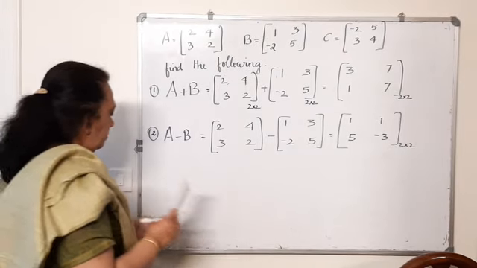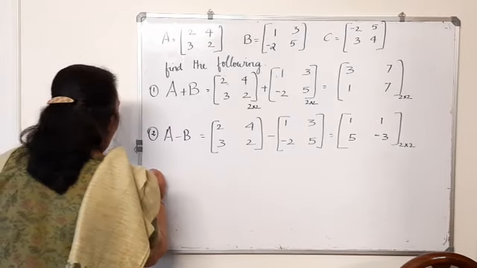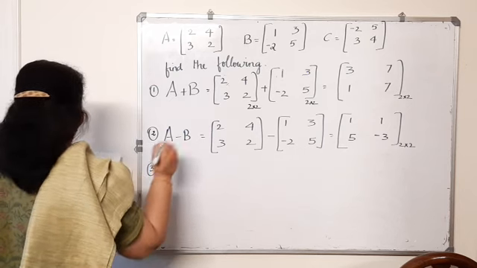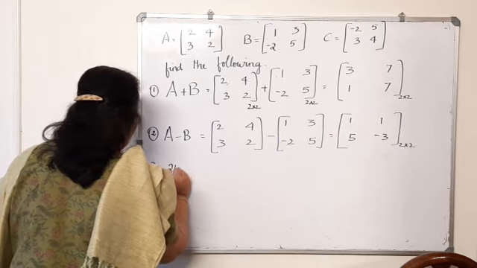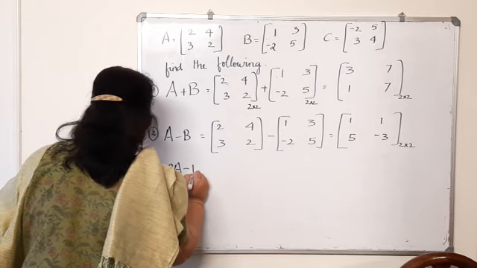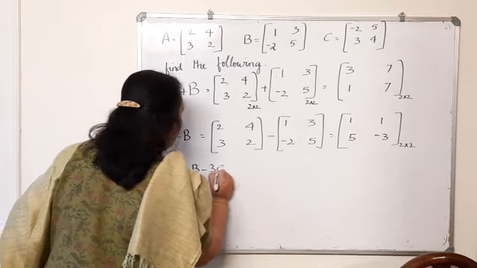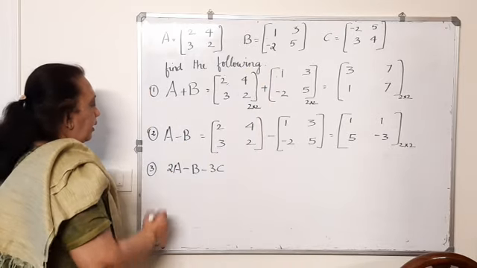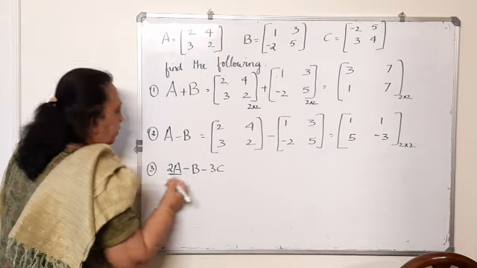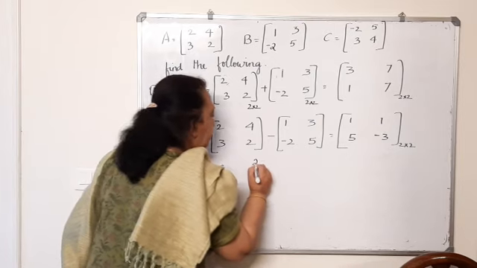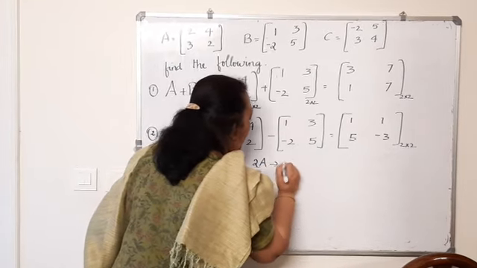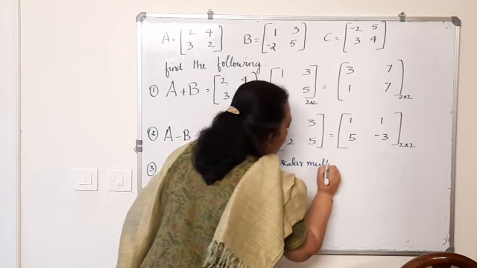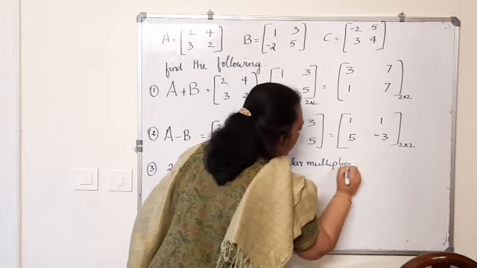Next one. 2A minus B minus 3C, associated with the same question. Now, here you have 2A. What do you mean by 2A? That is scalar multiplication.